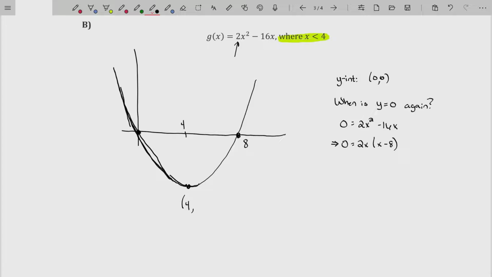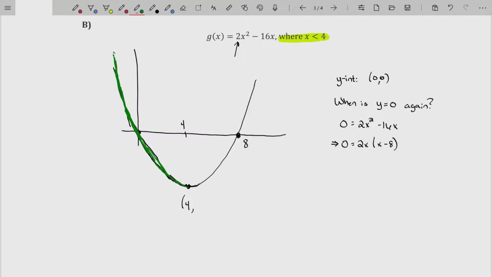So now you can see that this is definitely not, as written, a one-to-one function because it does not pass the horizontal line test. But if somebody said, you know what though, I don't want you to graph this entire function. I really only want you to graph this function for x to the left of 4 on the number line.